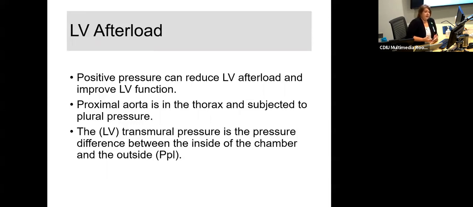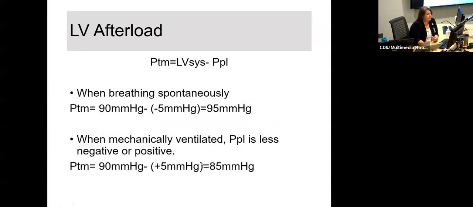So when I take a big breath in, that's also felt on the aorta, because the aorta is inside the thorax and the descending aorta is outside of the thorax. The left ventricular transmural pressure is the pressure difference between the inside of the chamber of the left ventricle and the outside. If you do the math, your transmural pressure is the difference.